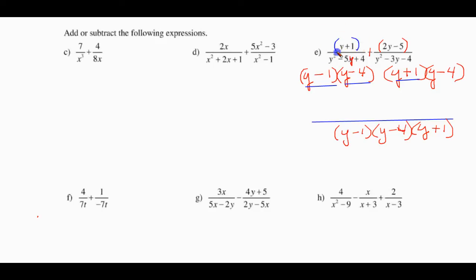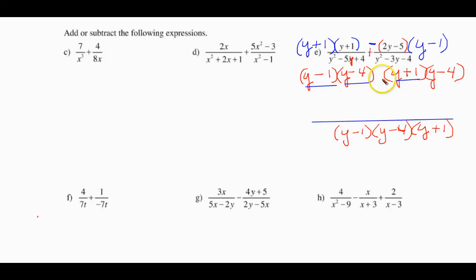So we put it up there, y plus 1. And as we look at this denominator, which factor is this missing to become this? And we see it's a y minus 1. Now remember, there's a negative sign there. Here we go.